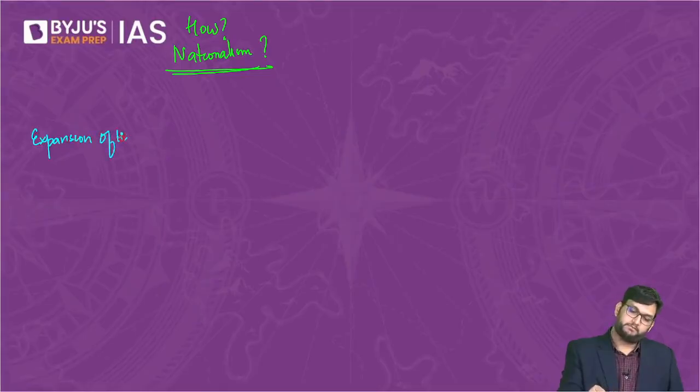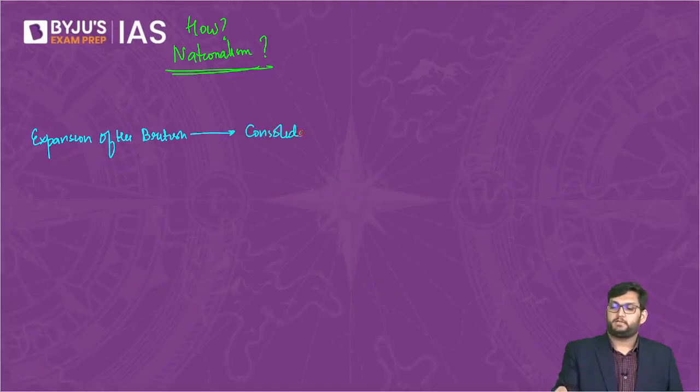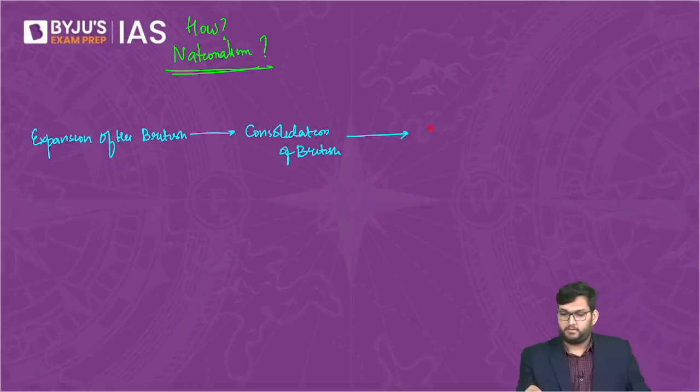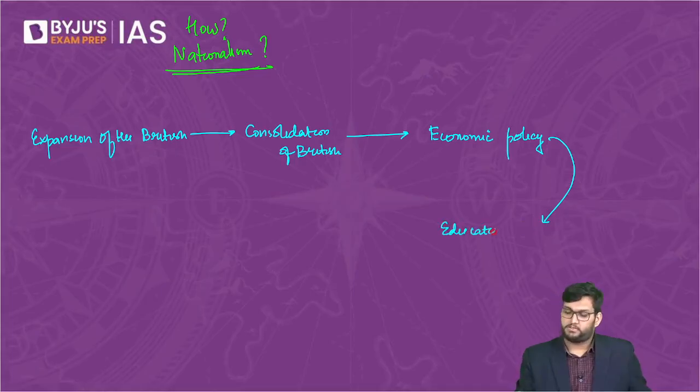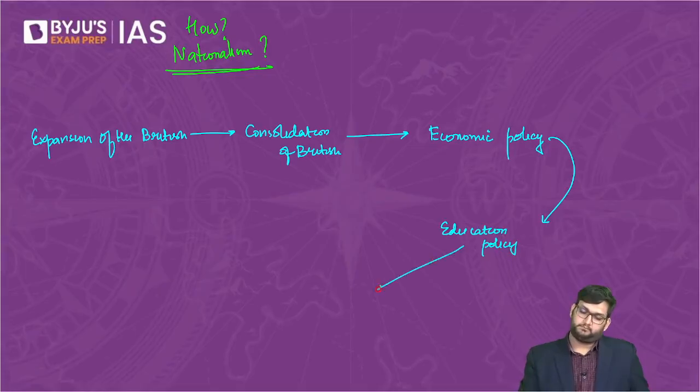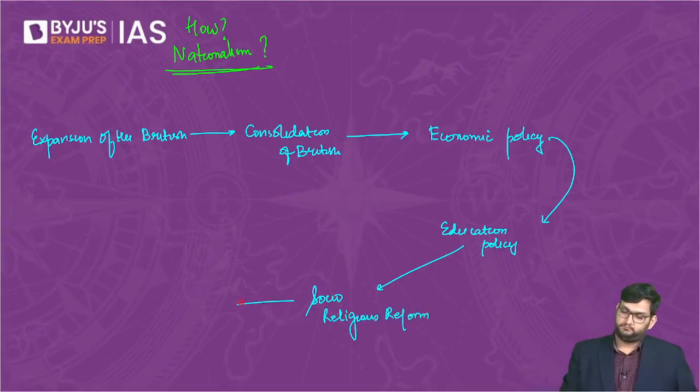Expansion of the British, consolidation of the British, economic policy, you have education policy, socio-religious reform, resistance to Raj.